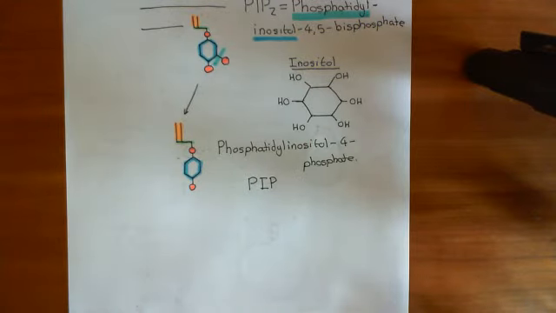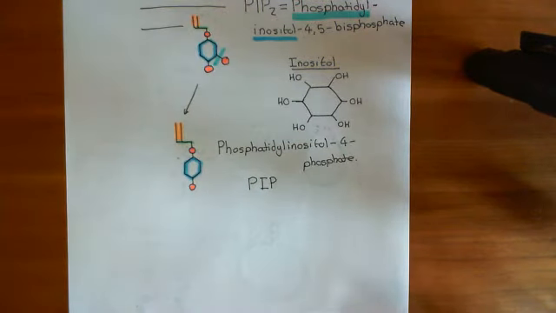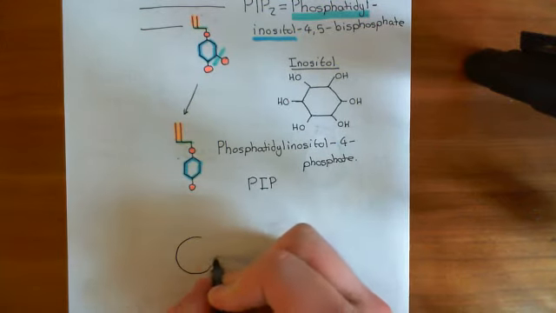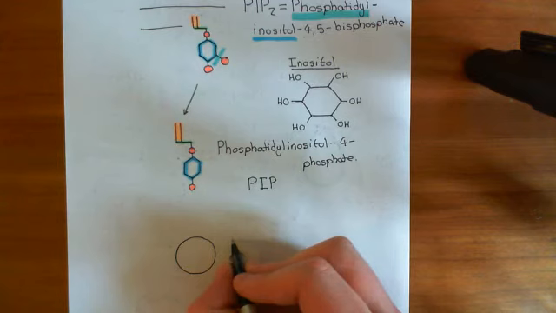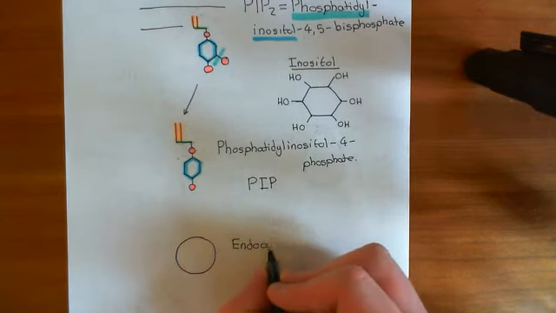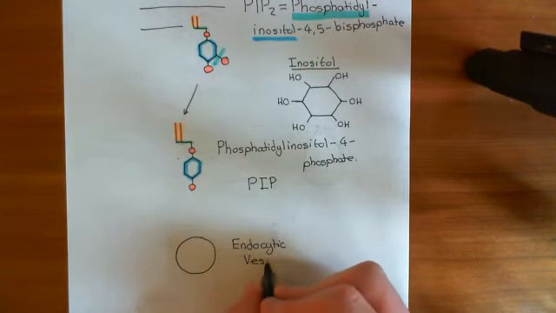Okay, and when this alteration happens, that is what triggers the removal of the clathrin coat. Okay, so now the clathrin coat is going to be taken off. Okay, so here we now have an endocytic vesicle that has no clathrin coat. So we now want to see what happens to this endocytic vesicle. Where does it go next?